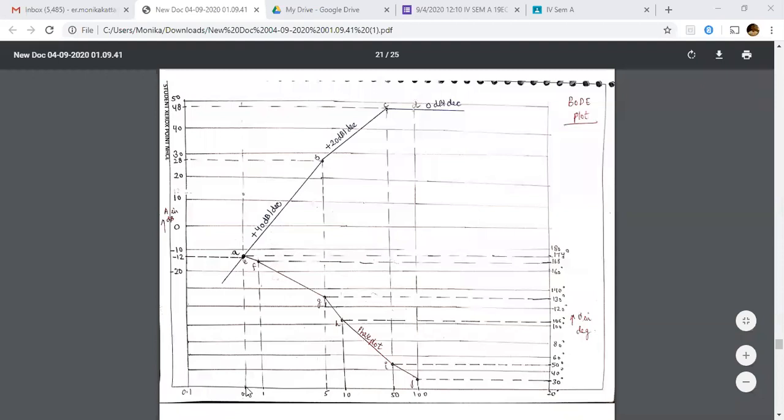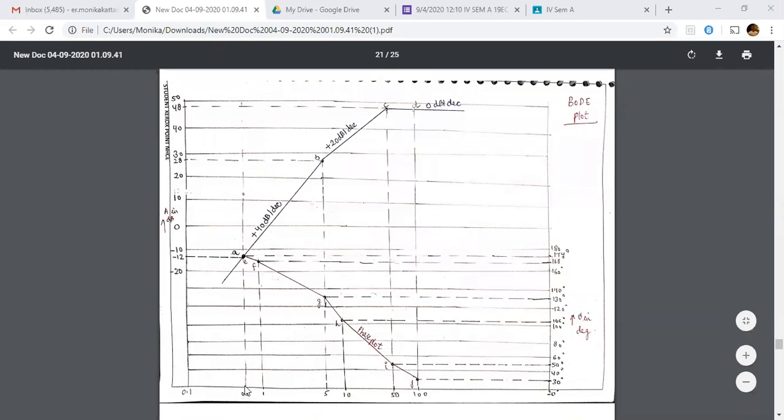Similarly, from 1 to 10, the middle point 5 covers almost 70% of the area, not at the mid but at the 3/4 portion. And again, from 10 to 100, 50 will be close to 100. This you have already studied in your previous semesters, just a revision.